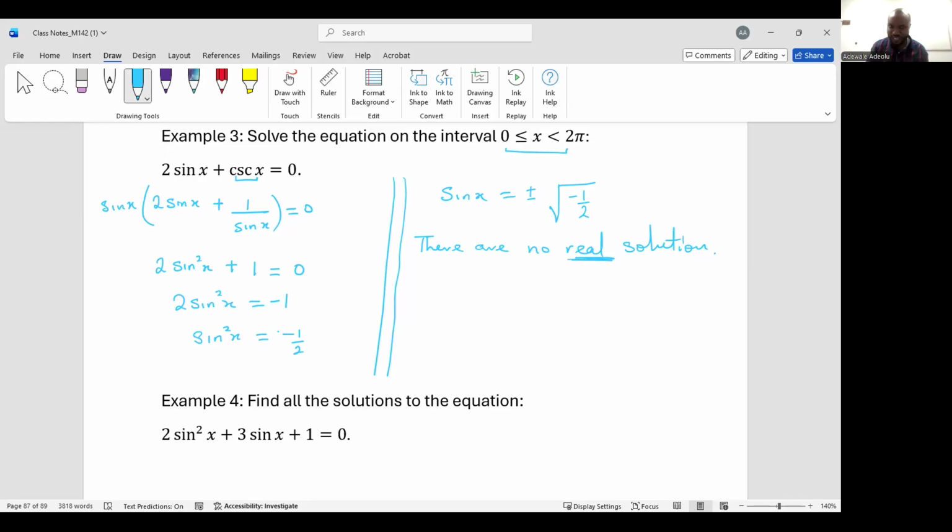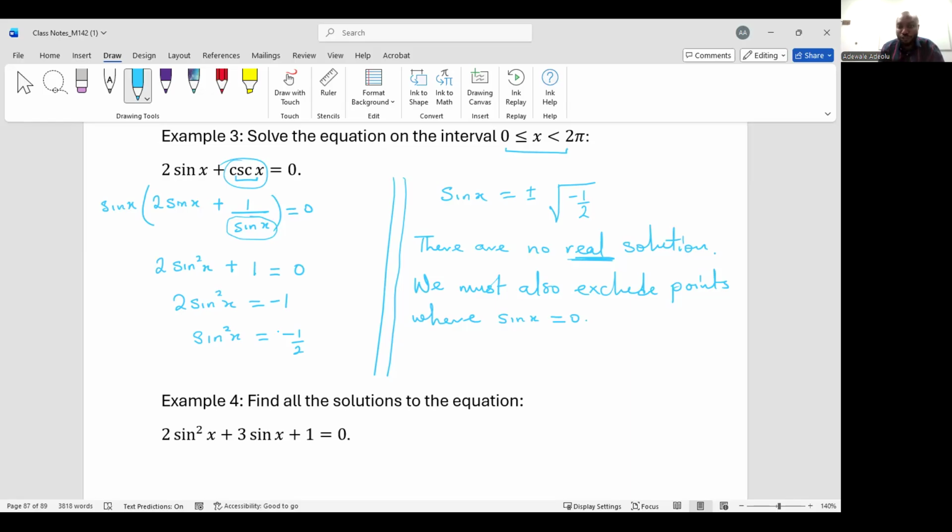Wherever in the future we are able to do that, we must also exclude points where sine of x equals 0. Why? Because we cannot divide by 0, which is what we have from cosecant of x, because it is 1 divided by sine of x.